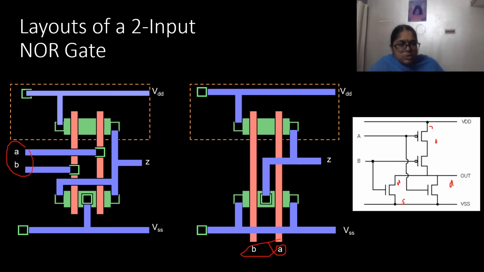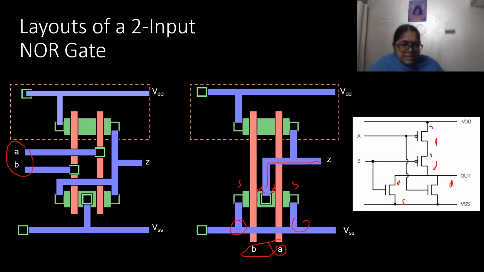When you mark them, very easily you can draw the stick diagram. So the sources of both the NMOS transistors are connected to VSS, and the drains of both the transistors, here indicated by a common diffusion, are connected together, through which output is taken.